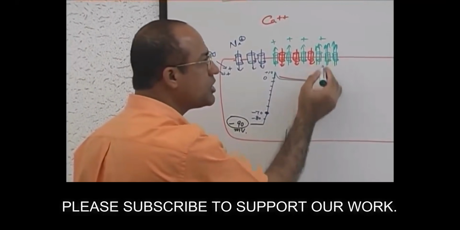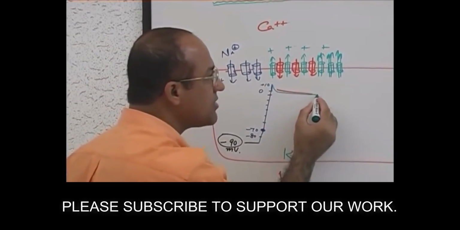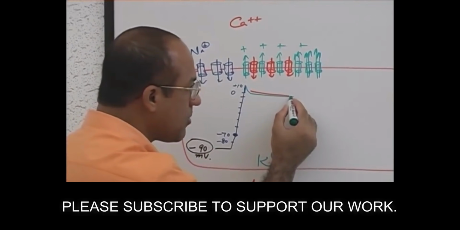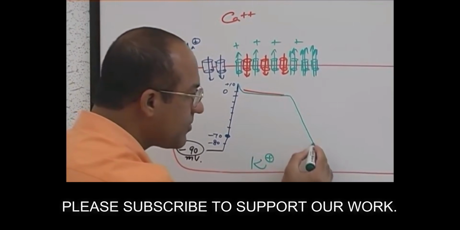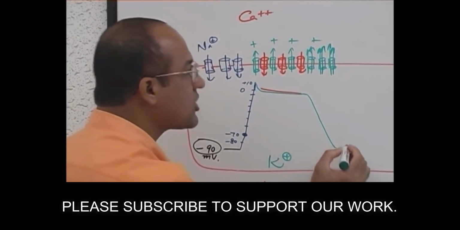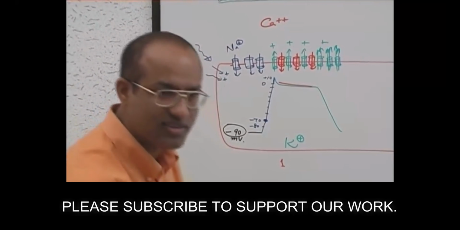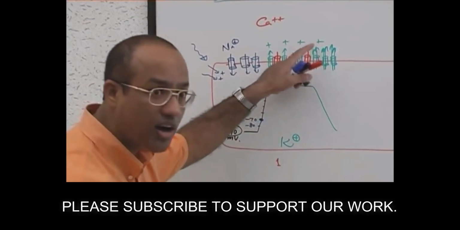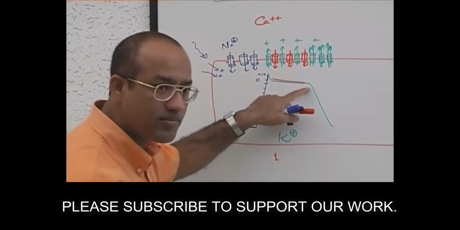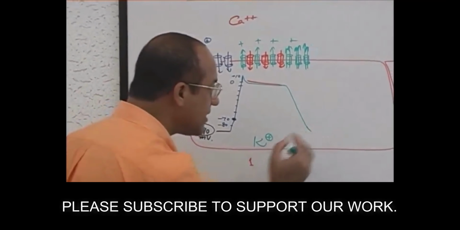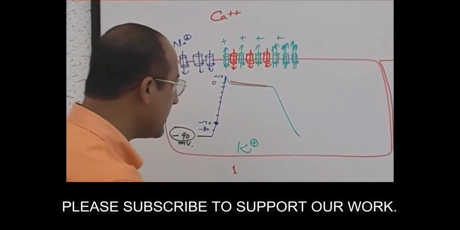So when potassium keeps on moving out, what really happens? The cell, due to loss of positively charged potassium, becomes progressively electronegative, and potassium is progressively being lost until the membrane potential again becomes at which value?